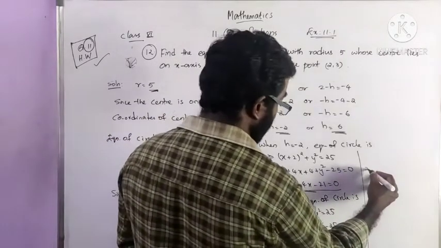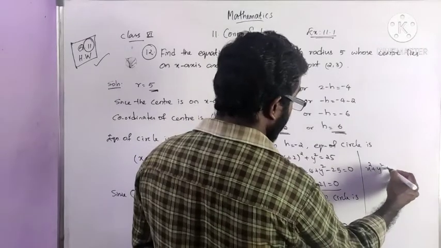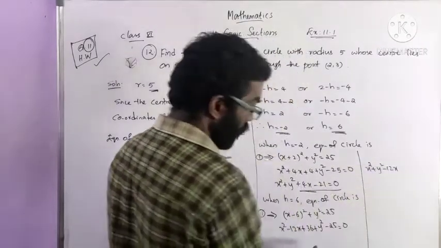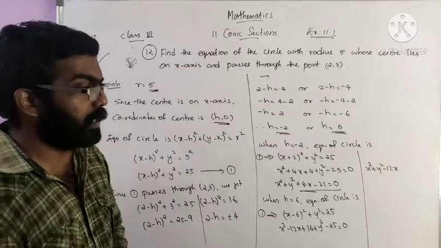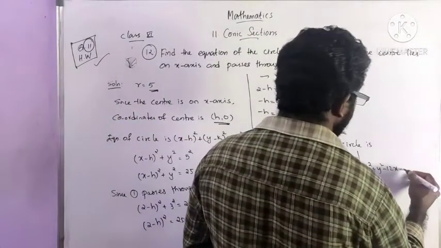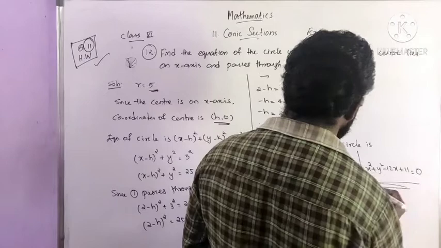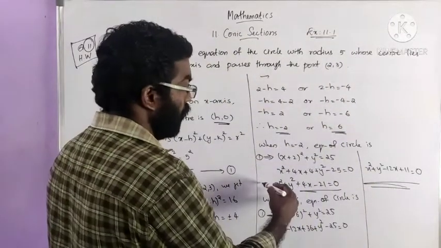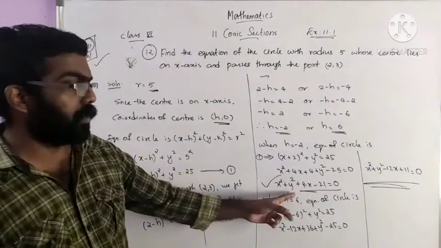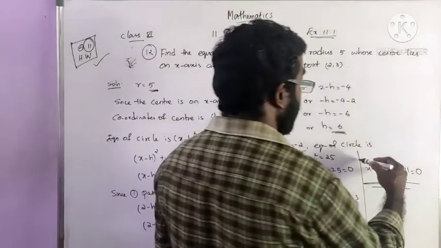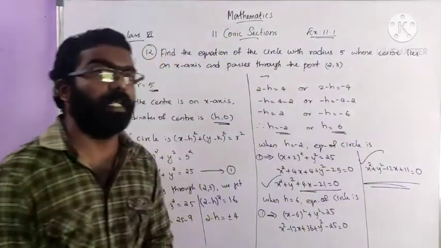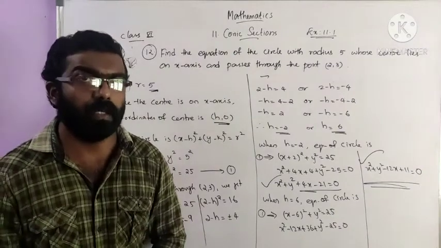Or we can write x square plus y square minus 12x, 36 minus 25, 36 minus 25 is 11, plus 11 is equal to 0. So, one equation is x square plus y square plus 4x minus 21 equal to 0. And the other one is x square plus y square minus 12x plus 11 is equal to 0.